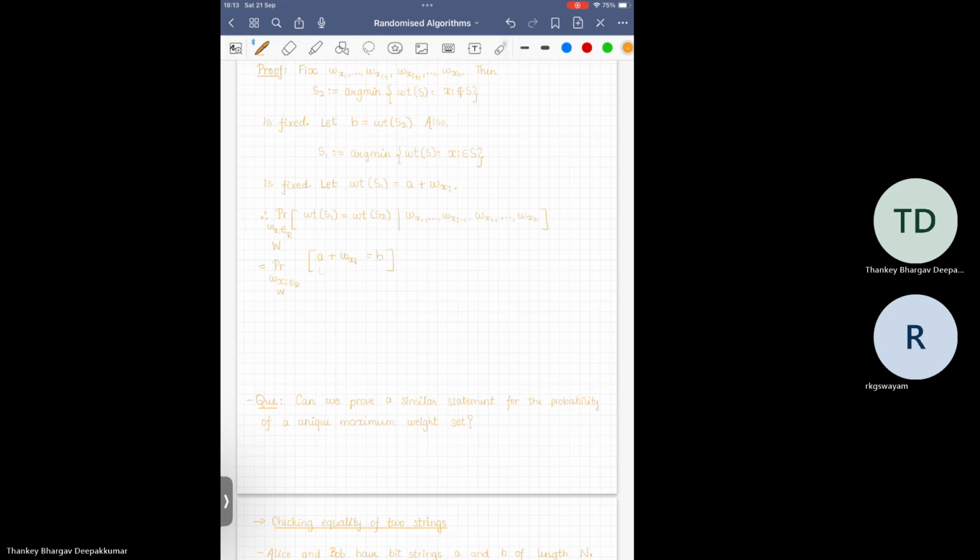So this is a polynomial in w_{x_i} with just one variable, right? Sorry, with degree one. Can we use that Schwartz-Zippel lemma?